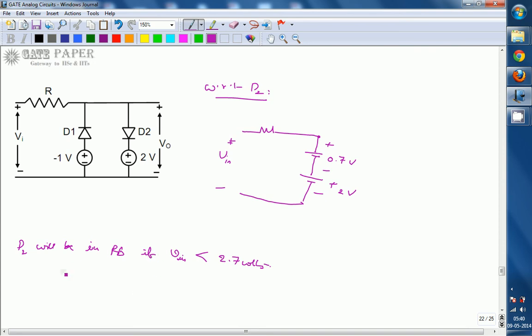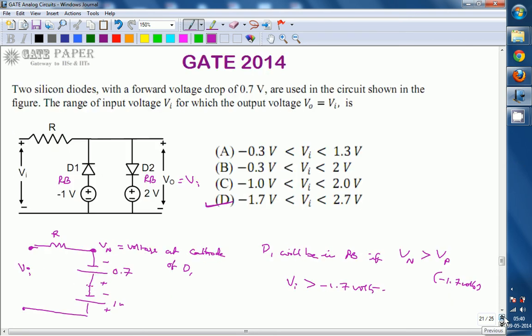So with respect to D1, Vi is greater than minus 1.7 volts, and with respect to D2, Vi is lesser than 2.7. So the range of Vi is minus 1.7 volts to 2.7 volts. The right option for this question is D. Thank you.